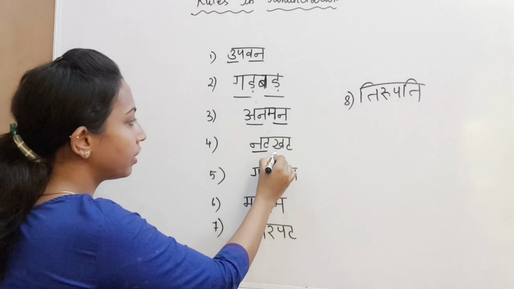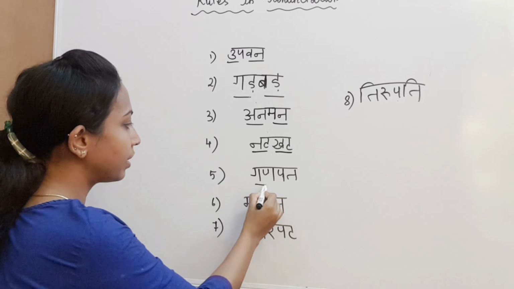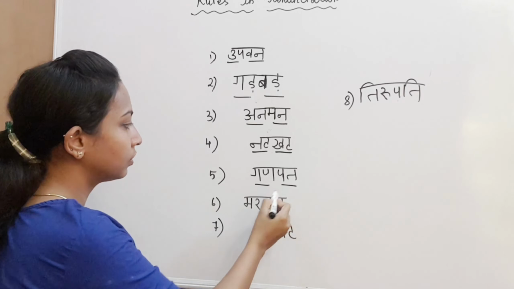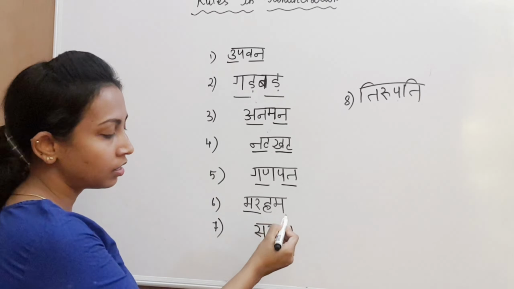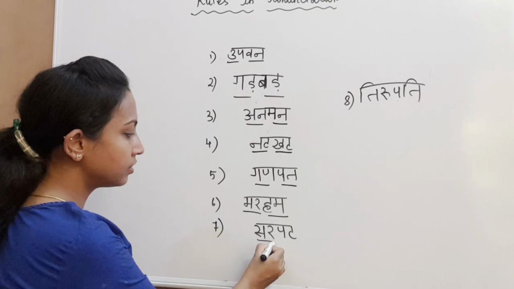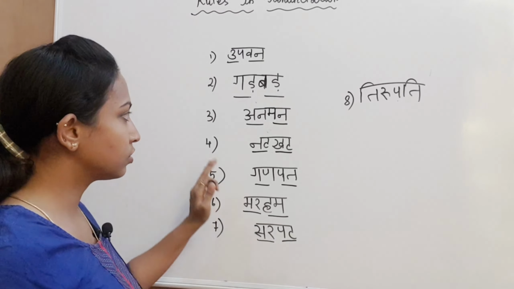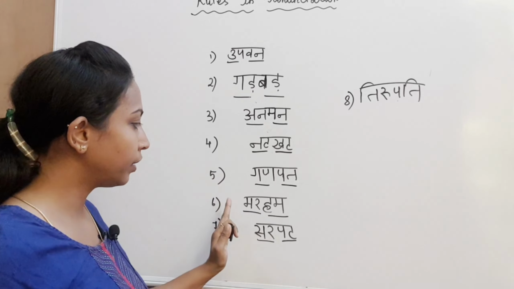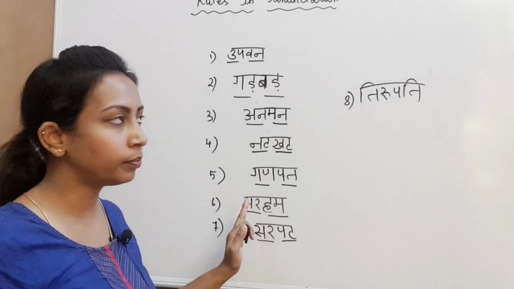Nata, nat, khata, khat, natkhat, gana, gan, pata, pat, ganpat, mara, mar, hama, ham, marham, sara, sar, pata, pat, sarpat. So this is how we separate two letters in four-letter words and pronounce them.